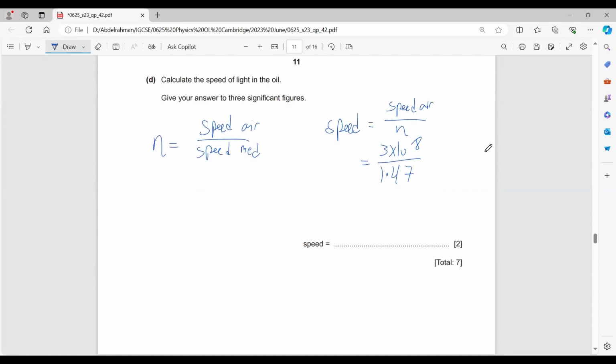I guess it's about 2 times 10 to the power of 8. 2.04 times 10 to the power of 8 meters per second.